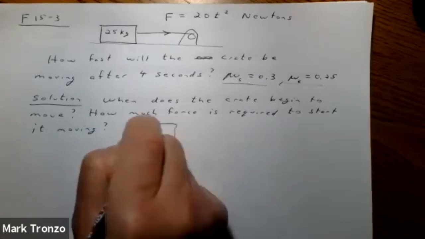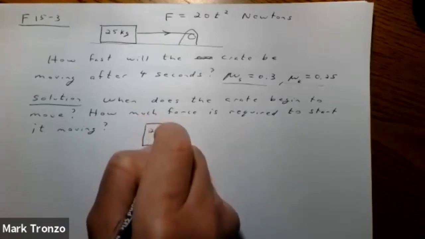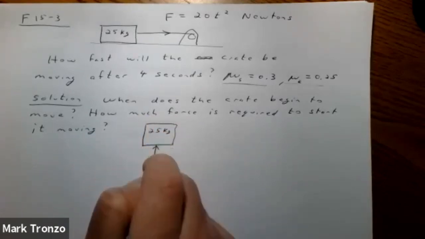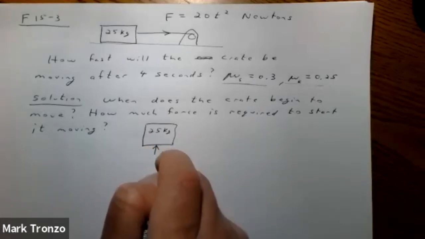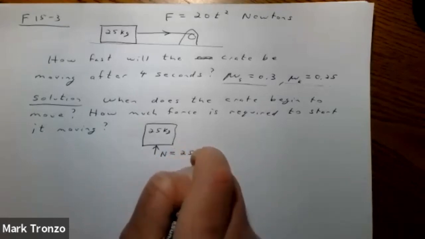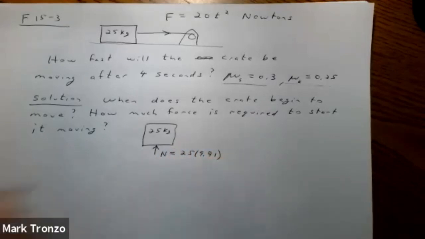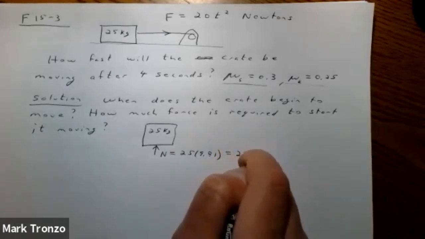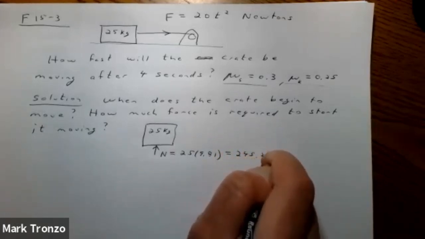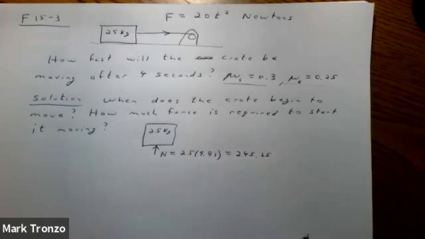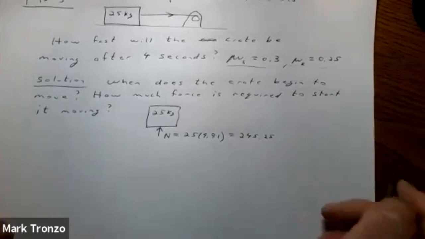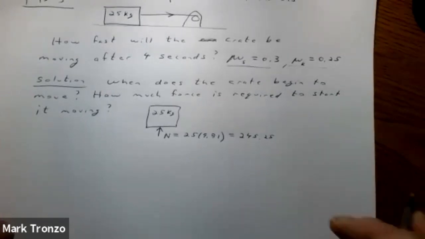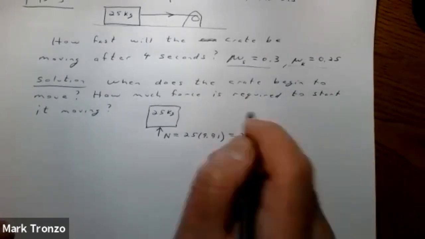So if we have 25 kilograms, the normal force will be 25 kilograms times 9.81, which is 245.25 newtons. And then the friction.